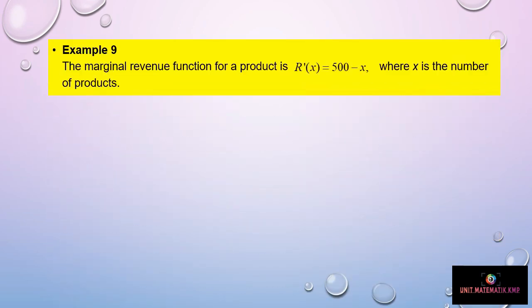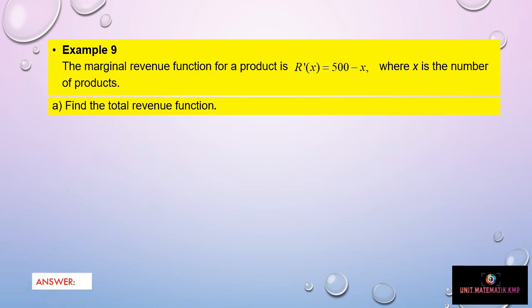Example 9. The marginal revenue function for a product is R prime x equals 500 minus x, where x is the number of products. Find the total revenue function. The answer is, first we need to integrate the marginal revenue function.